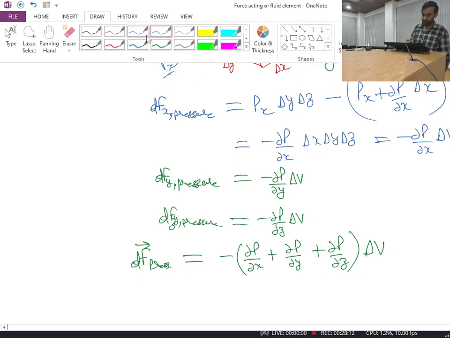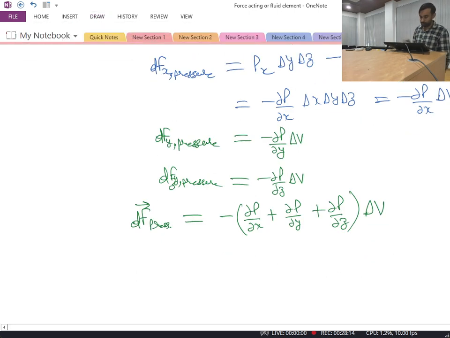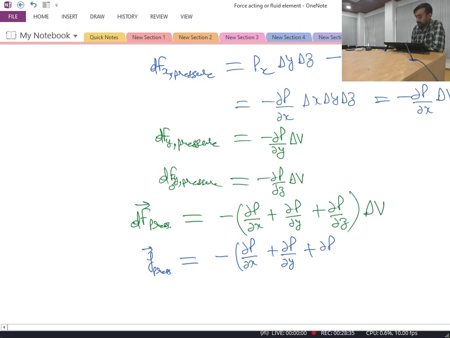Now what we have to do? Now if I want to calculate the force per unit volume, so say I define some pressure force F vector, which is nothing but force per unit volume. So for force per unit volume it will simply be equal to minus of del p by del x plus del p by del y plus del p by del z.